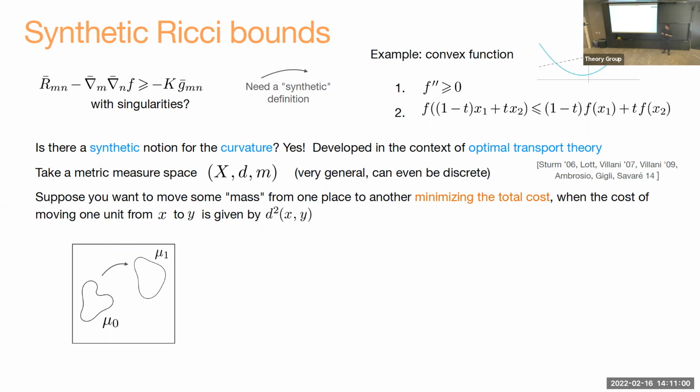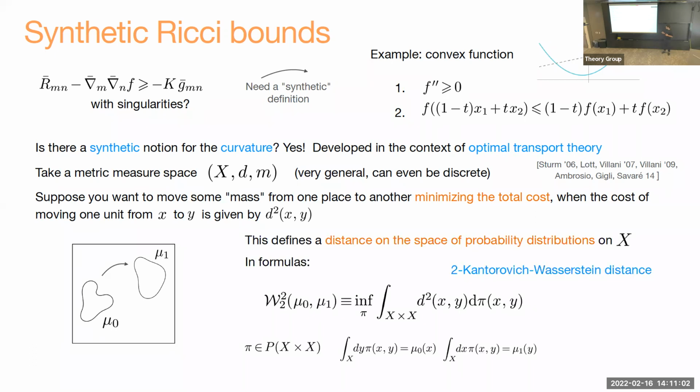And in formulas, what I've just said is defining a distance on the space of probability distributions on your original space, which depends on the distance that you have in your underlying space, not just the distance between the probability distributions. It has a name, it's called the Kantorovich-Wasserstein distance.